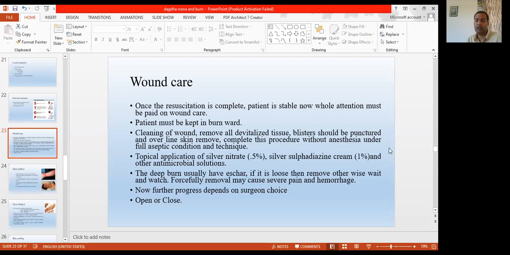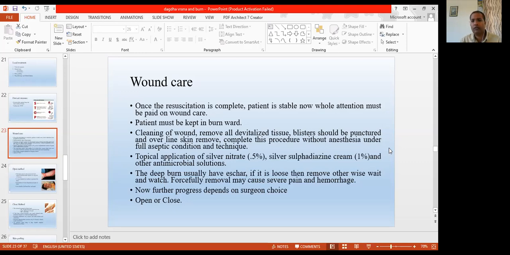0.5% silver nitrate solution, silver sulfadiazine cream 1%, and other antimicrobial solutions like Betadine, or whatever you have available, you can use for the cleaning of that burn site. Silver nitrate should be used first, when the burn wound is not yet infected, so you can prevent the wound from getting infected, because once the wound is infected it gets complicated.